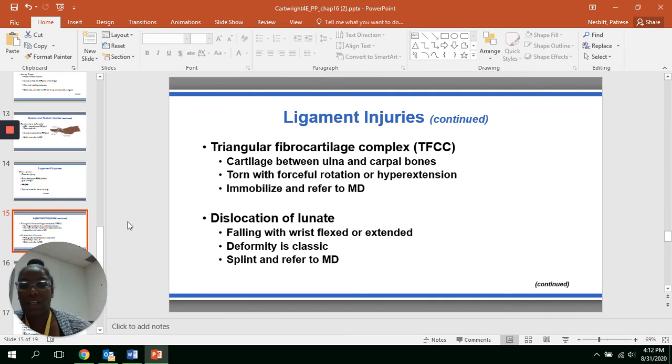Dislocation of the lunate. We won't go into the triangular fibrocartilage complex, but dislocation of the lunate. Remember, we talked about "some lovers try." That's the second bone in the first row. Trying to say it without confusing everybody: it's the second bone on the first row of the carpal bones.